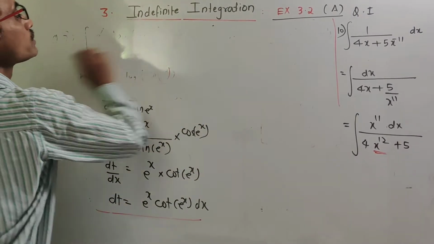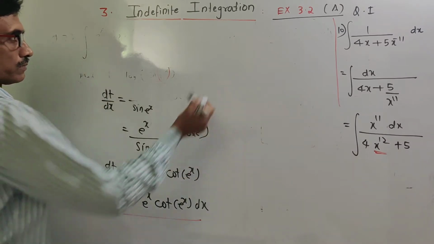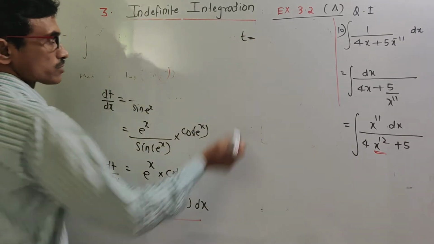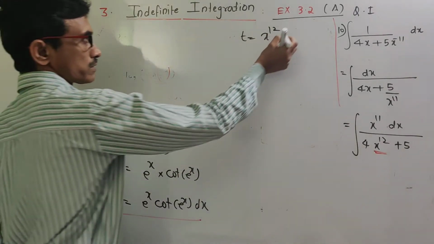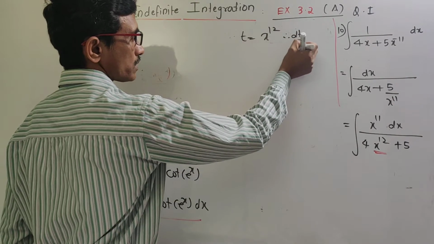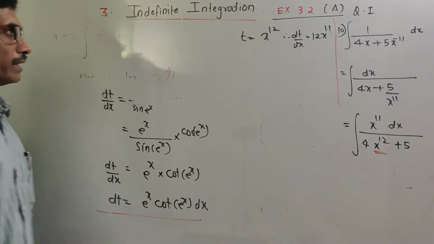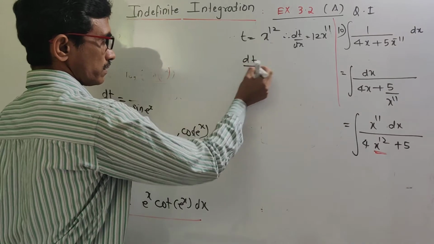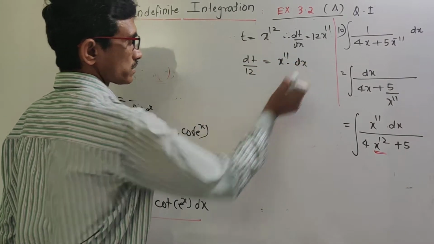So we make the substitution: put t is equal to x to the power 12, therefore dt by dx is equal to 12 x to the power 11, and dt upon 12 is equal to x to the power 11 into dx.